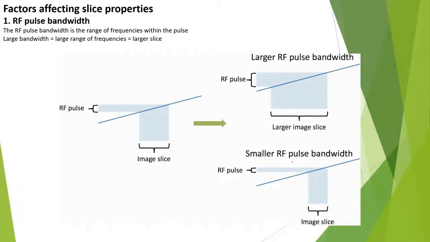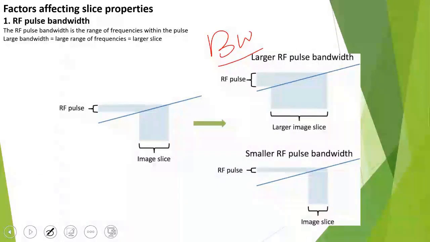Therefore, you need to work on something called bandwidth. What is bandwidth? Bandwidth refers to the range of the number of frequencies you will be working with. If you are working on a large image slice like this one, you have multiple locations here, here, here, and so on. So your slice is considered large, and there are many frequencies present.